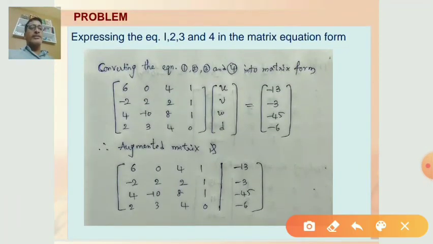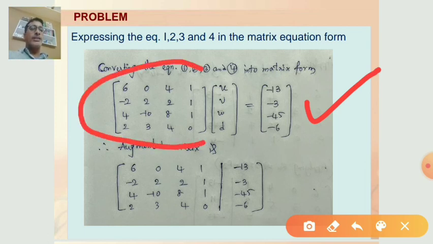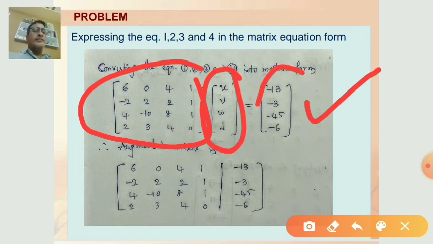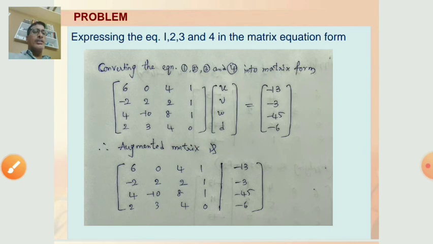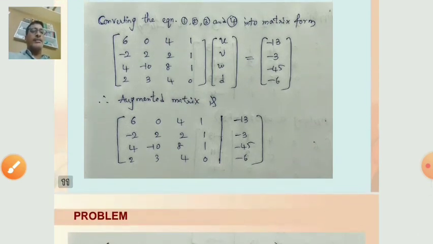So expressing the equations 1, 2, 3 and 4 in the matrix equation form, here this is the matrix equation form of the equations what we have obtained just now. So this is the coefficient matrix, and this column matrix is said to be the variable matrix, and this is the constant matrix. So we have to write the augmented matrix from this matrix equation.